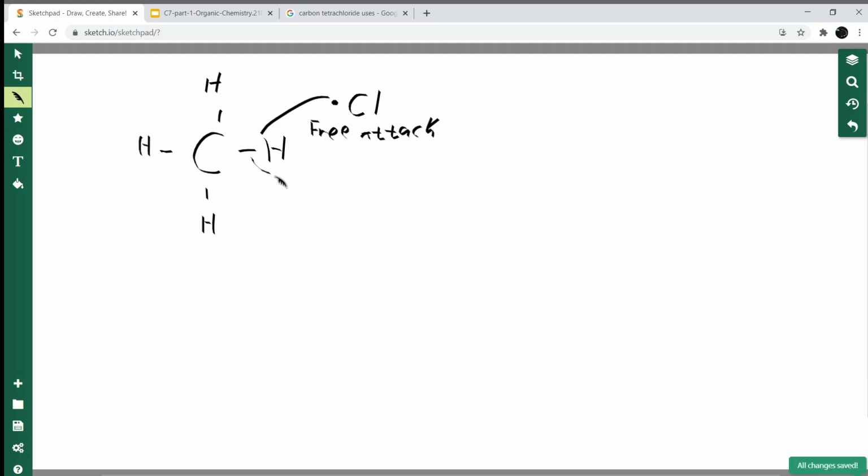And what will happen is that we're going to have an electron go here, and an electron go here. And then we'll be left with this molecule here plus HCl.